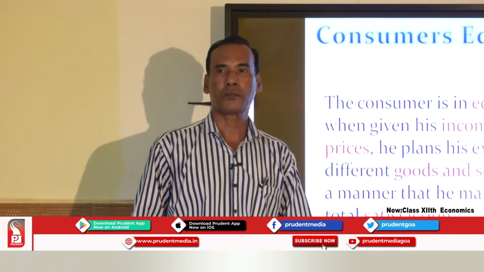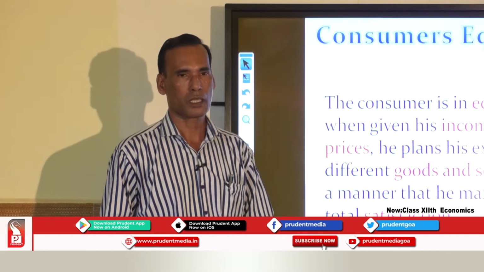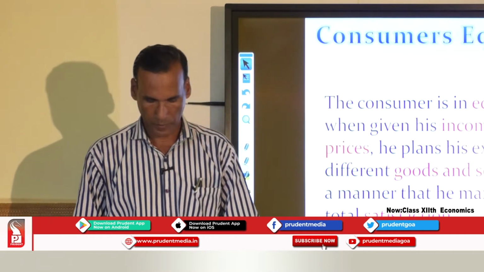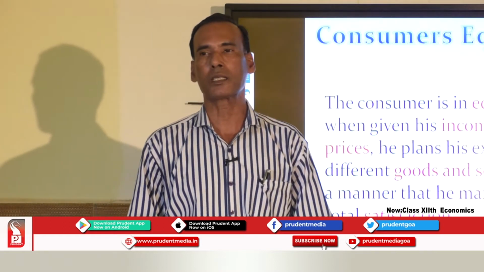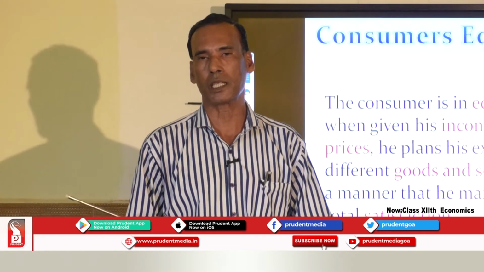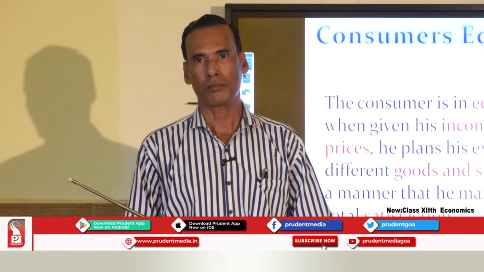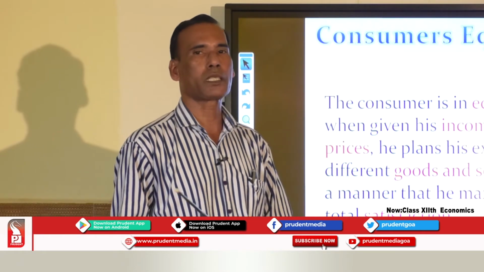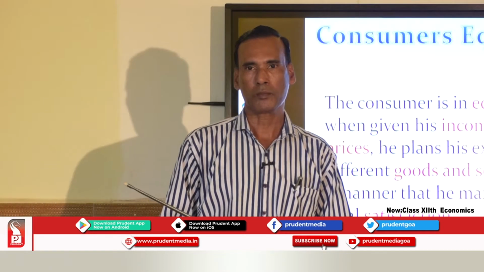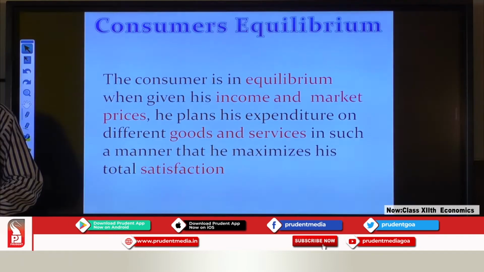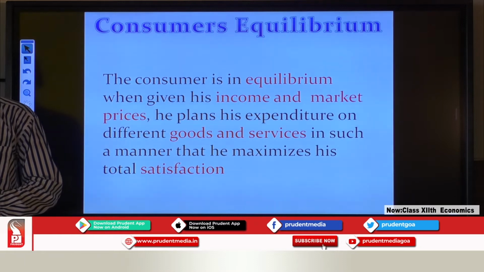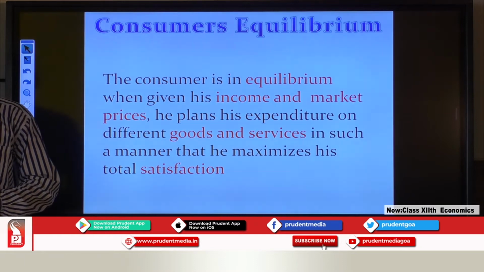Now, first thing that you have to know is consumer's equilibrium. Equilibrium means here the consumer acquires the maximum satisfaction. To achieve maximum satisfaction, it will depend upon two factors, that is, the price of the good and the income of the consumer.